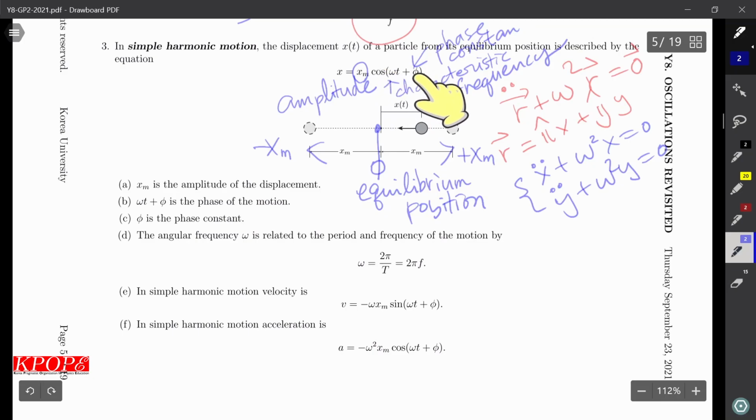You find either cosine or sine can be the solution of this. So omega t plus phi is phase, and phi is a phase constant.